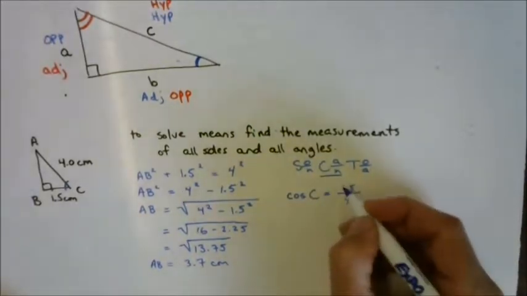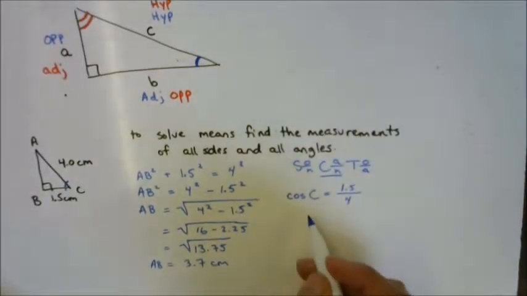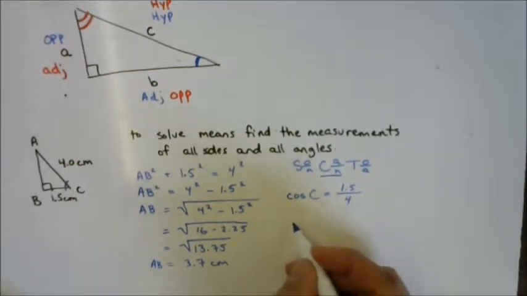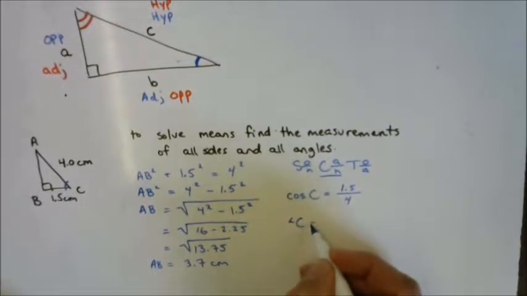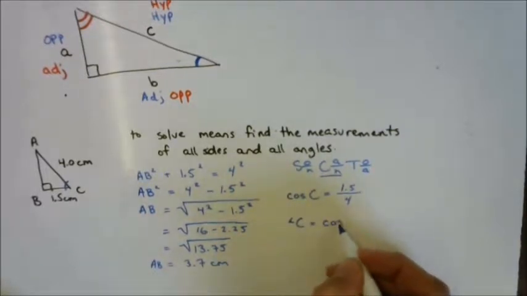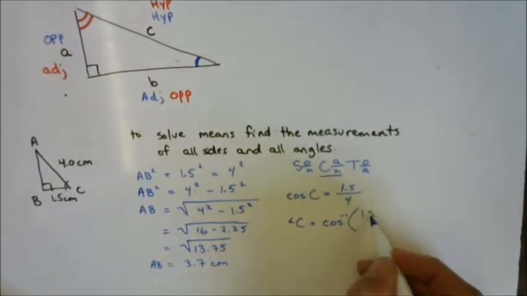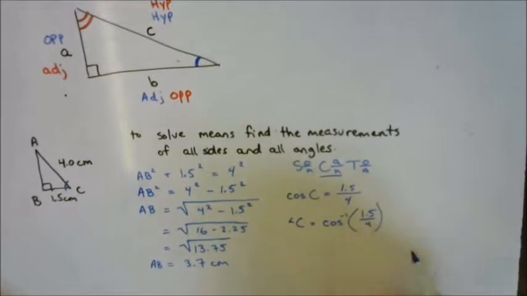In order to find out what the measure of angle C is, I need to undo this cos C. I need to take the inverse cosine of both sides. So the measure of angle C is, and here's how we write it, the inverse cosine, cos with a superscript -1, of 1.5 over 4.